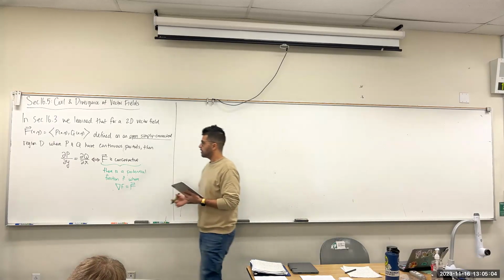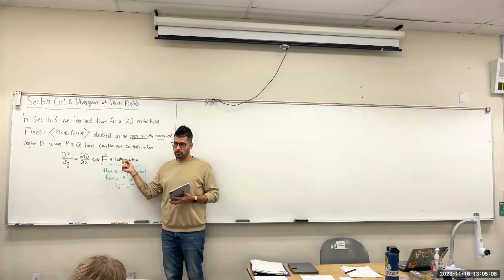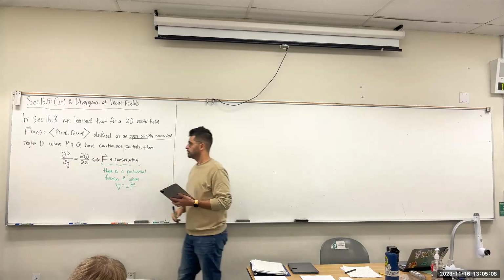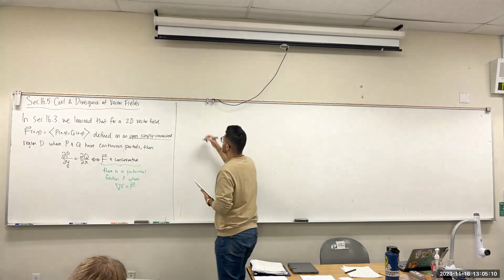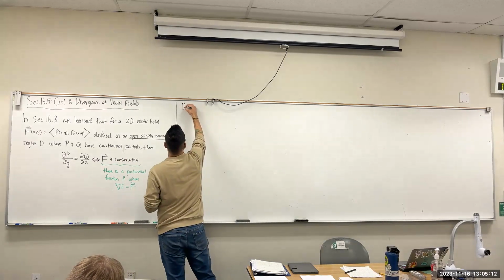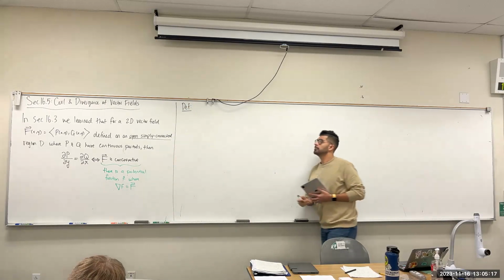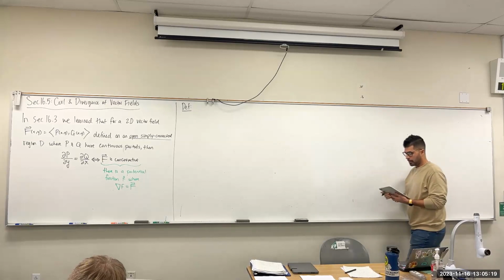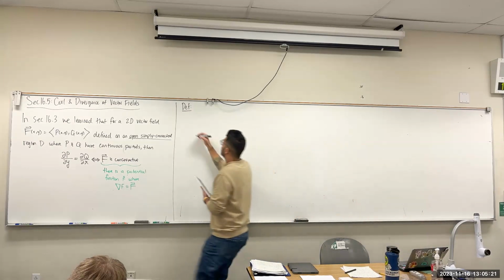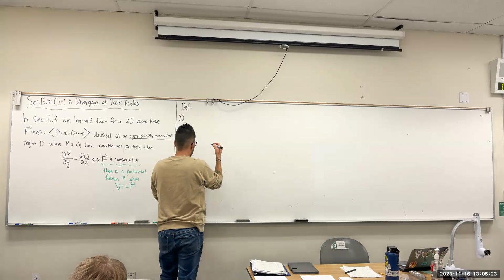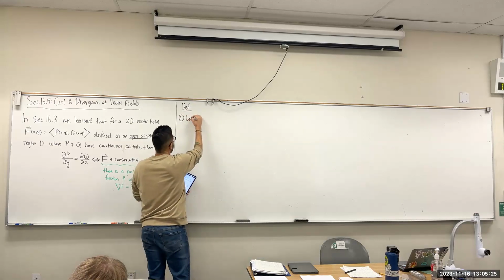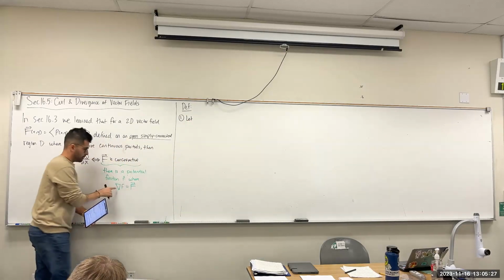So now the question is, how can I do this for a three-dimensional vector field? How can I check this? So to do that, we're going to need to define this curl thing. We're going to get two things first. So one, there's this symbol here, right?